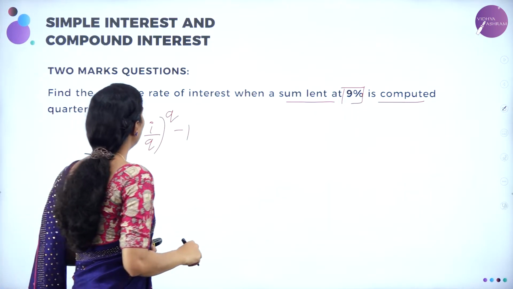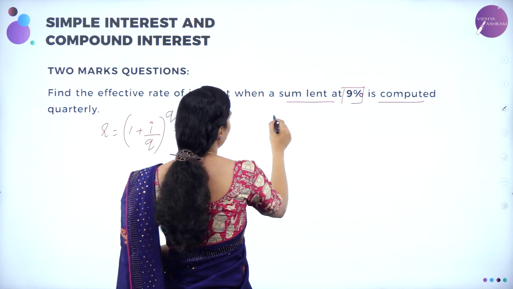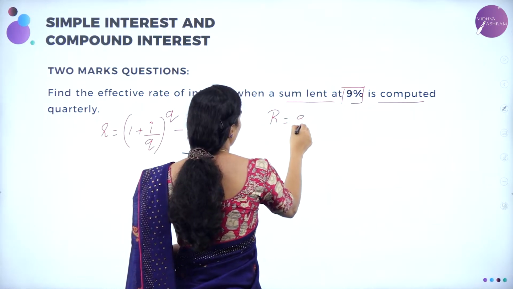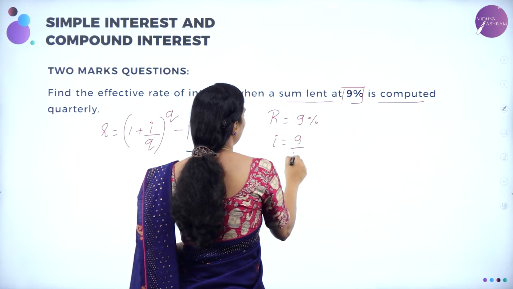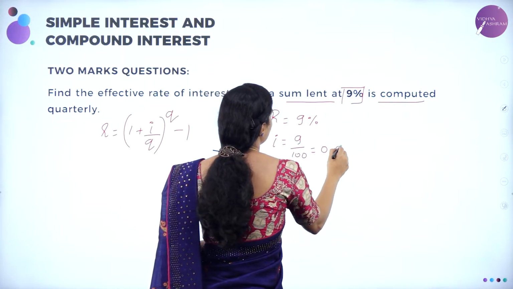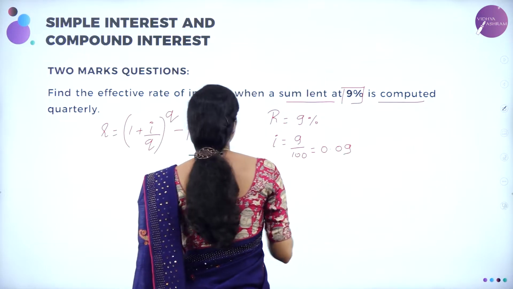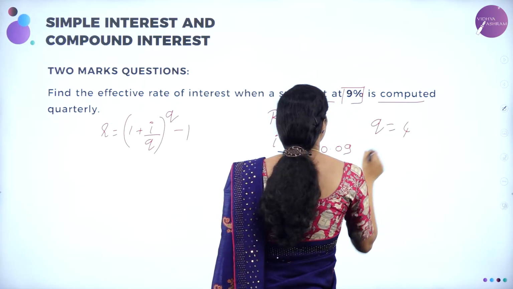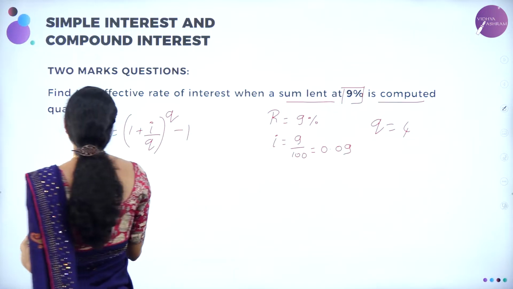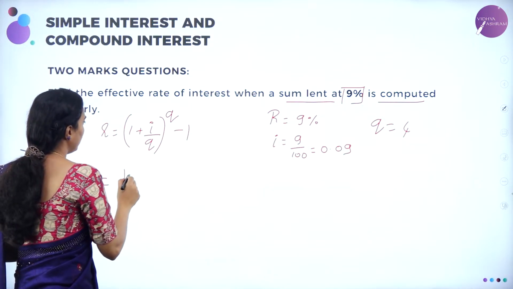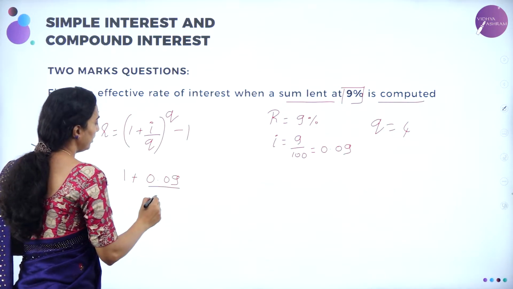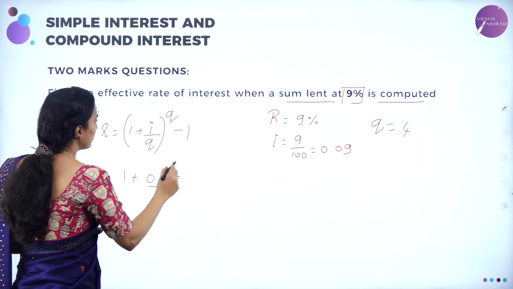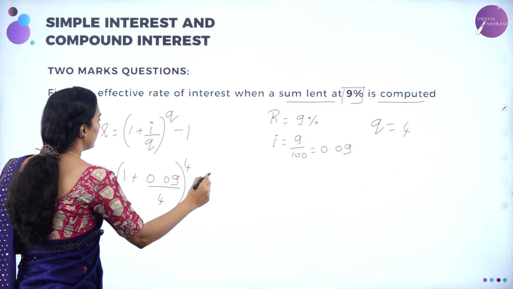We don't know small r, but we know capital R, the nominal rate, so i is equal to 9 by 100, which is 0.09. Computed quarterly means Q is equal to 4. Let me substitute here: r is equal to (1 plus 0.09 divided by 4) to the power of 4, minus 1.